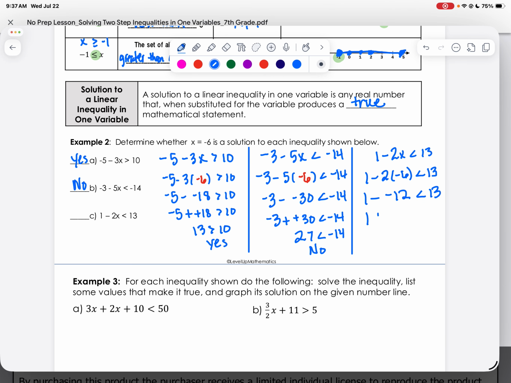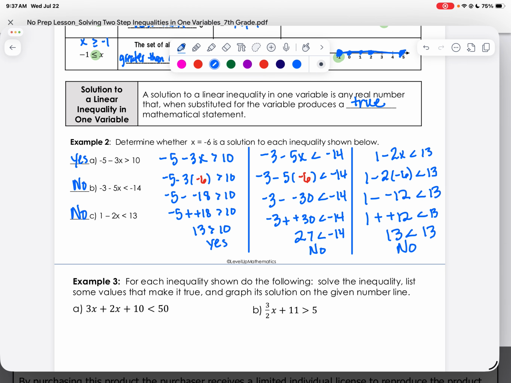Rewrite that as addition of the opposite. So 13 is less than 13. So is 13 less than 13? No, it's equal to 13. So this would be no. Negative 6 is not a solution to 1 minus 2x is less than 13.